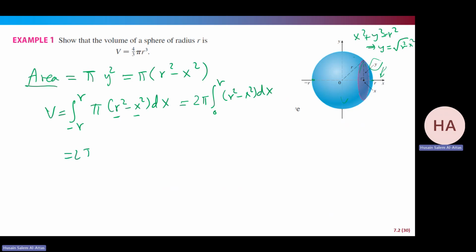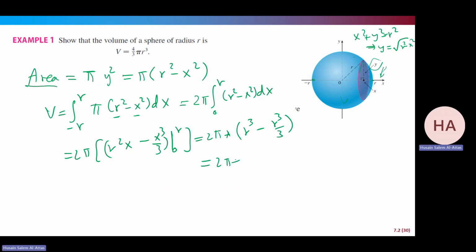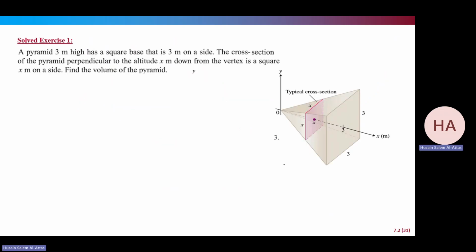That will make it easier: r squared x minus x cubed over 3, from 0 to r. That gives me 2 pi times what? R cubed minus r cubed over 3, which is 2 pi times 2r cubed over 3, which is 4 over 3 pi r cubed, which is this one.